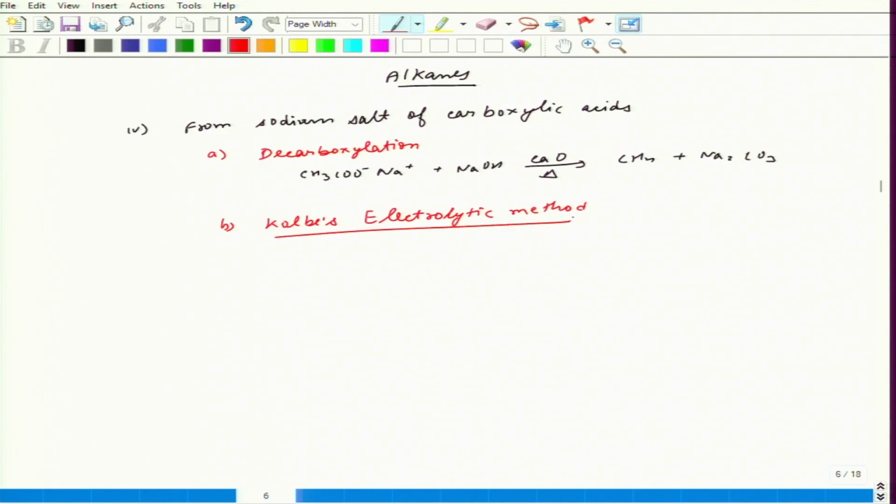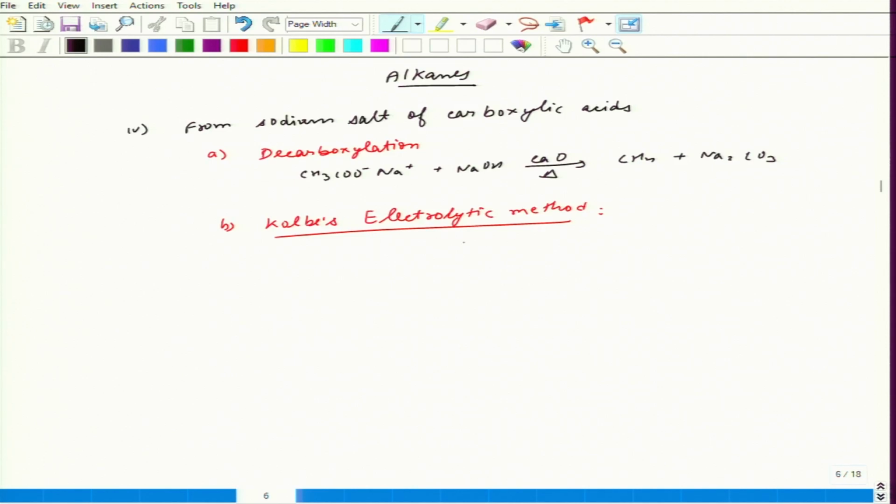You must have studied the basic fundamentals of electrolysis, right? There is one anode and one cathode. I will briefly discuss it, but you have done it in previous classes. In electrolysis, there are two electrodes, one called anode and another called cathode. Anode is positively charged, cathode is negatively charged.